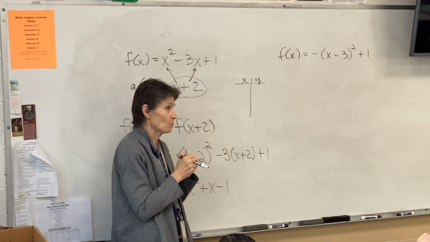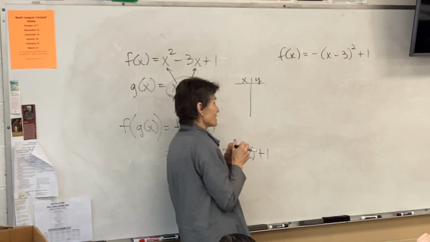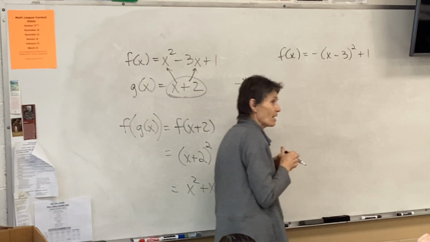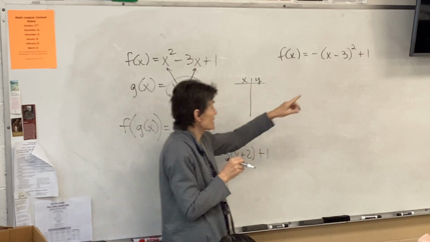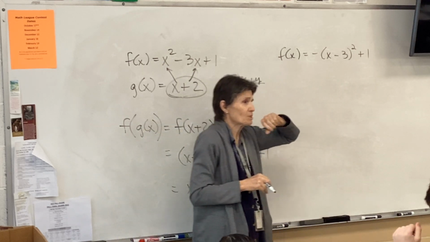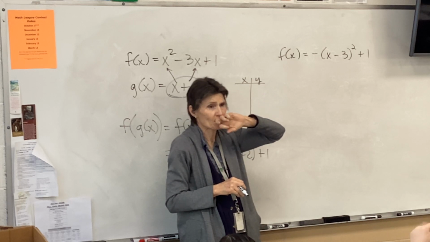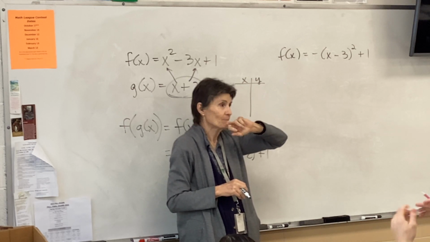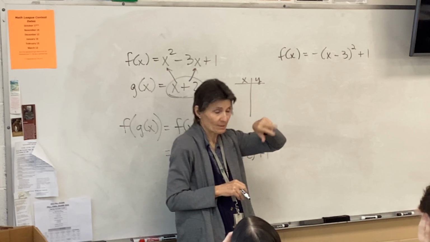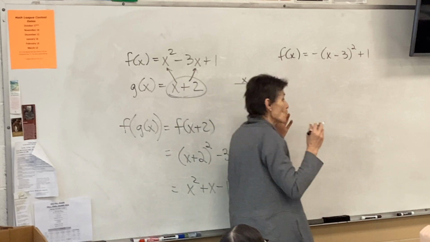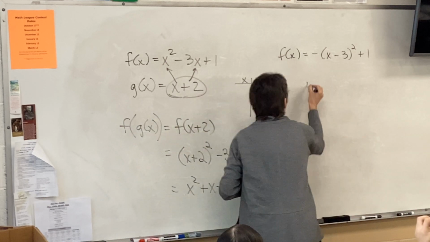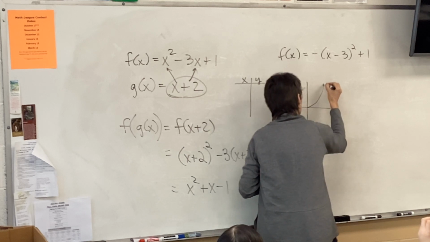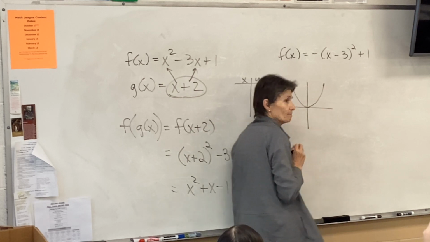That will always work. I don't think it's necessary in this problem. This is a squared equation. What shape is a squared equation? It's not a V, it's a parabola. So the normal parent parabola that you have memorized looks like this.